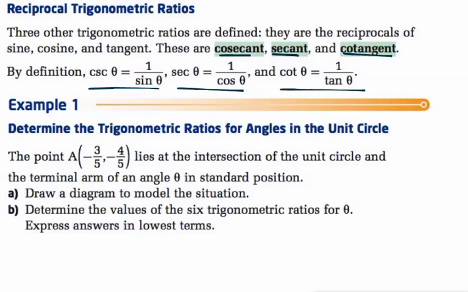We've got a point on the unit circle. It's the intersection of the unit circle and the terminal arm of theta. So the diagram to model the situation, I'll just skip to the next slide to do that.